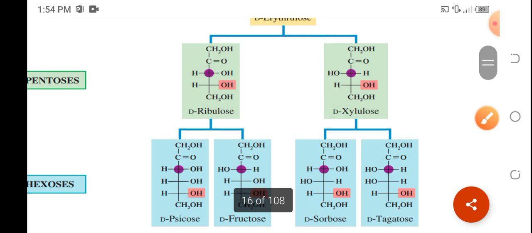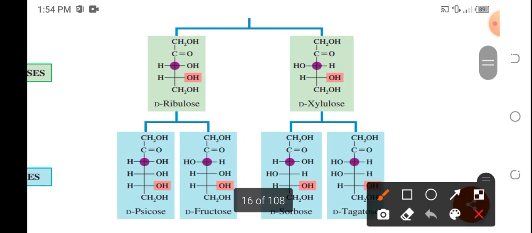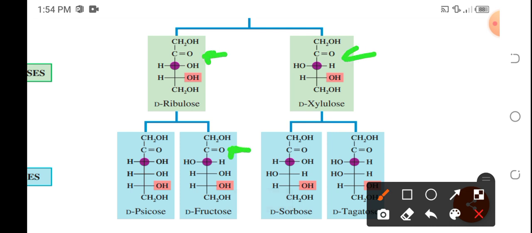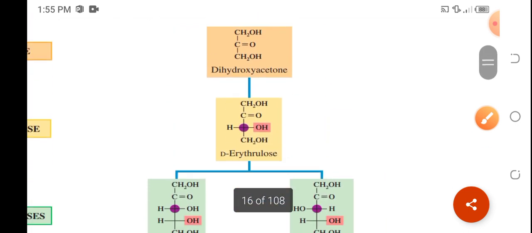Okay. For others, asan si fructose? Okay, ito. So, those are the functional group C double bond O or the carbonyl for this type of monosaccharides. Polyhydroxy pa rin sila.